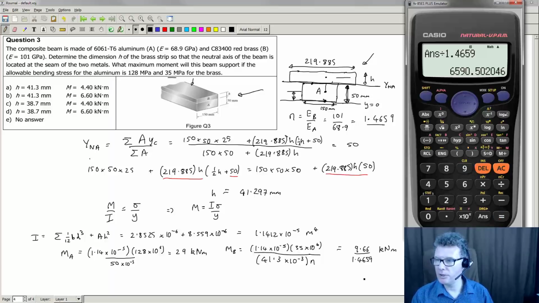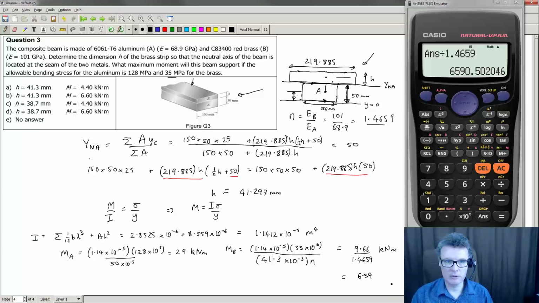And now we are again getting a value which looks like one of our possible options. Got a bit of truncation error here, but we've now got this one here. So you can see that we're going to go for answer B.